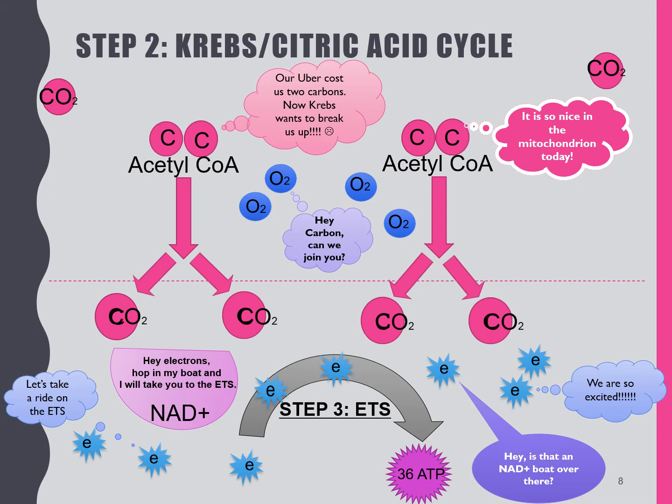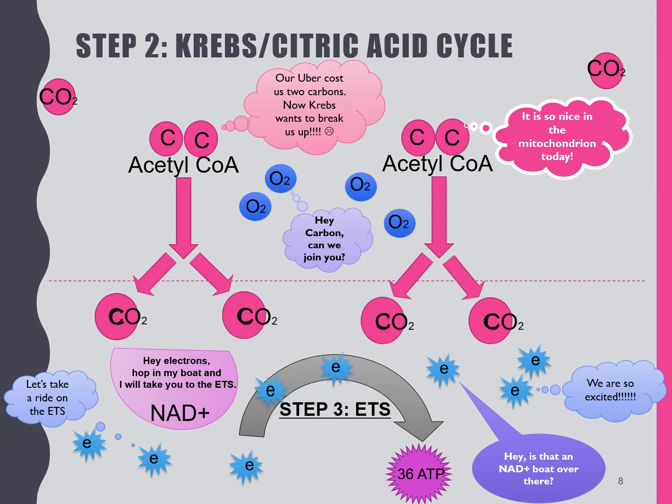So this uses oxygen. It happens in the mitochondria. And so the acetyl CoA arrive into the mitochondria. They have 1 carbon less now. There's still 2 molecules, and we can see where carbon dioxide is starting to become a waste product of this process.